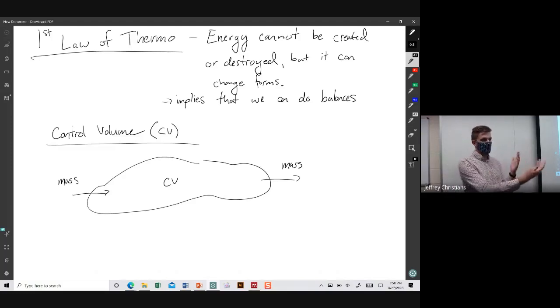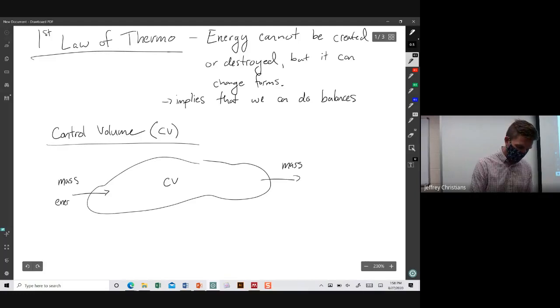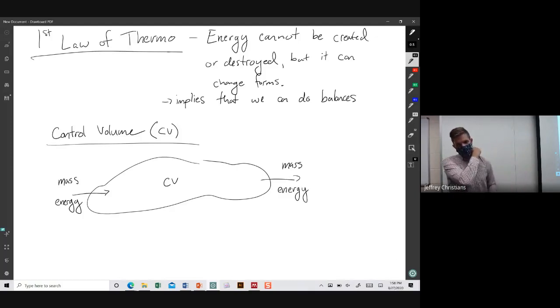Water could flow into the pump and water can flow out of the pump, and the amount that flows in has to equal the amount that flows out because of conservation of mass. The same thing with energy. So we can have mass flow in and we can have energy flow in, and we can have energy flow out. We're going to use this as a framework to track where energy goes, because the amount that comes in has to be the same as the amount that goes out.